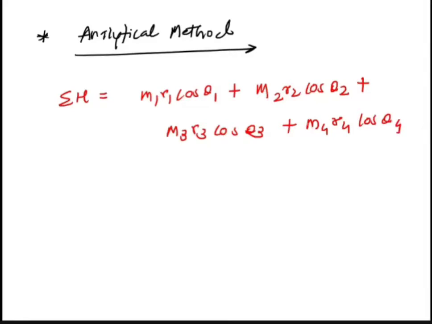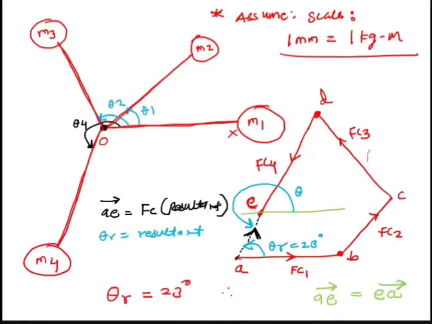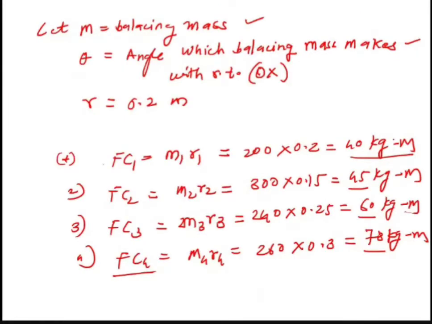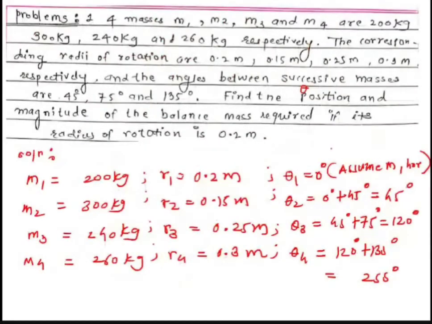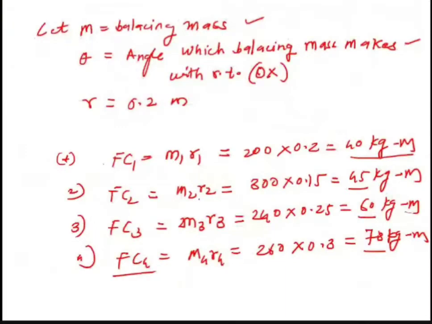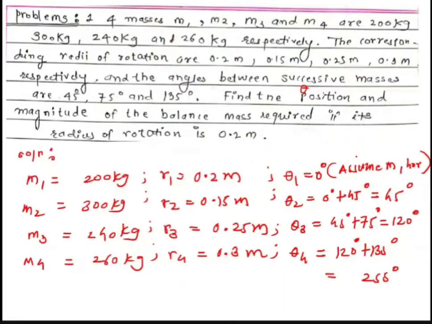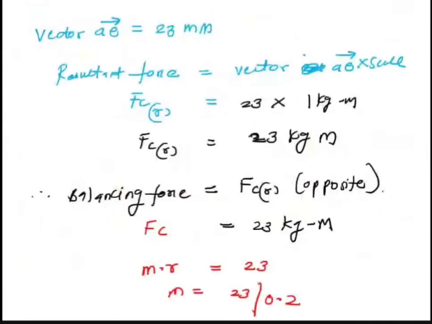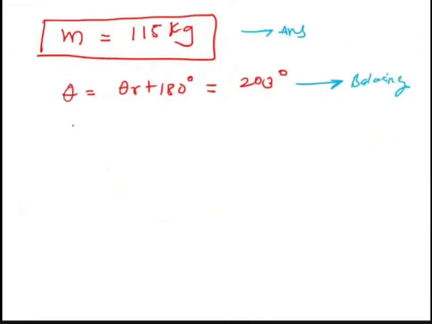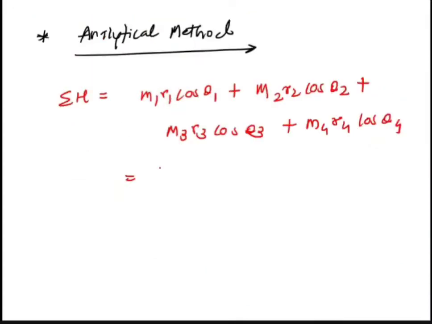Okay, so use this. Now we know that M1 R1 I have already calculated. What is M1 R1? 40 kg per meter. And what is theta 1? 0 degree. What is M2 R2? 45 kg meter. And what is theta 2? 45 degree. Same you have to use here. So from this I will get summation H is equal to 40 into cos 0 plus what is M2 R2?